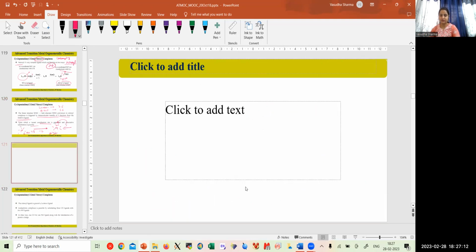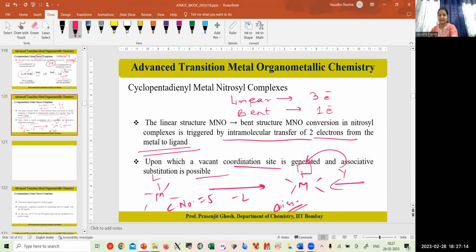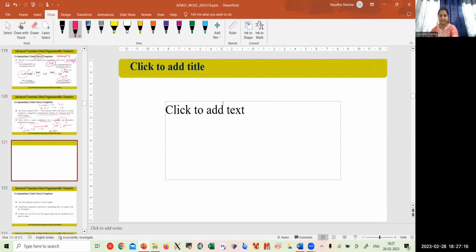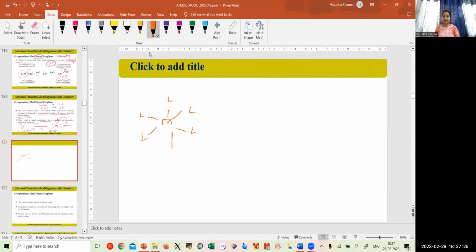Whereas if we have a metal, and here are all L, and there is one vacant site already, firstly it will have the attack of this new ligand with one minus.